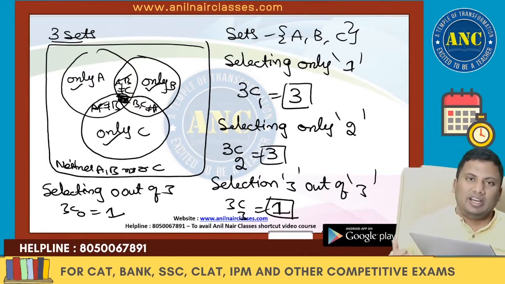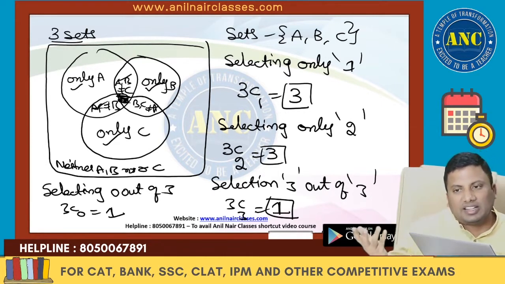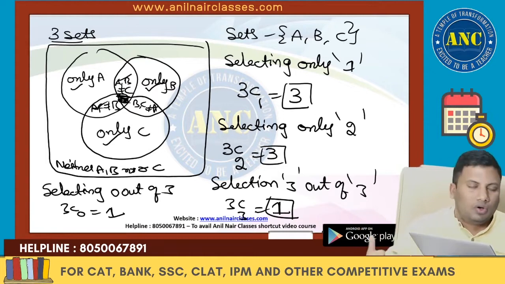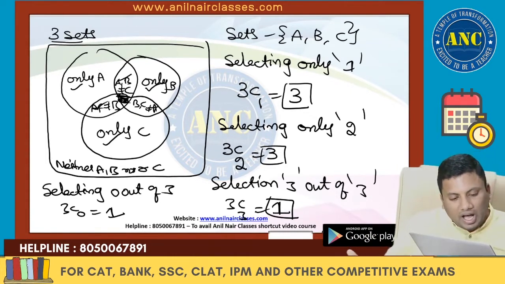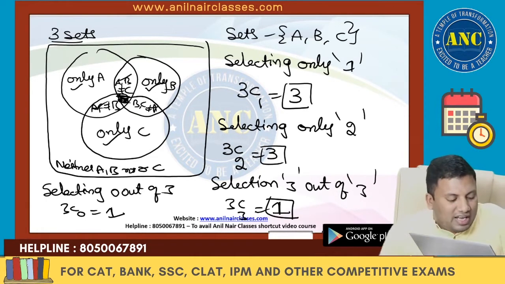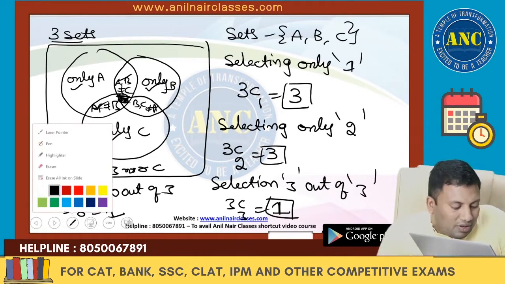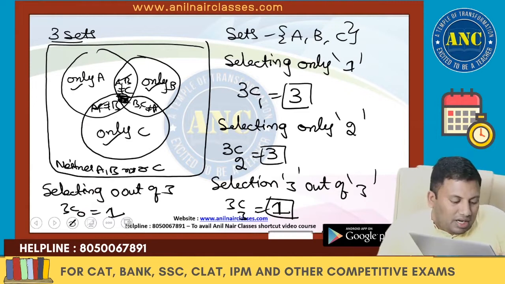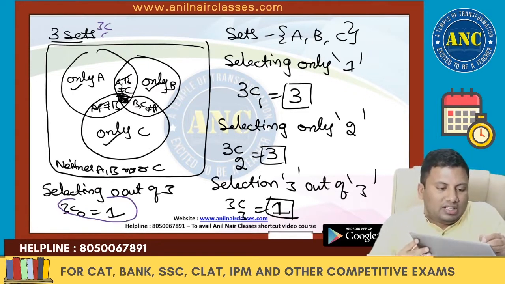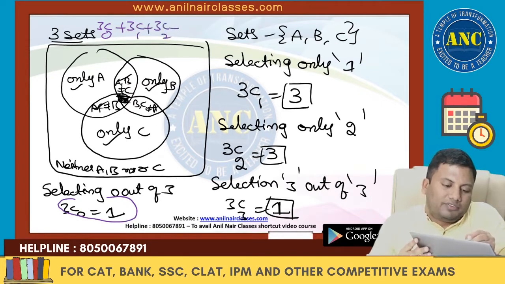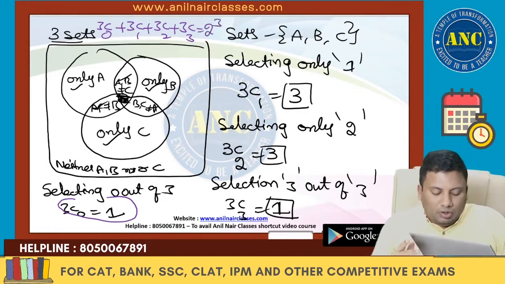How many regions are there? You can easily determine. If 4 sets are there, I want only 2 selections, answer is 4C2. Then how come we got 2 power 3 as 8? Because selecting 0 out of 3, 1 out of 3, 2 out of 3, 3 out of 3, it is nothing but 2 power 3.